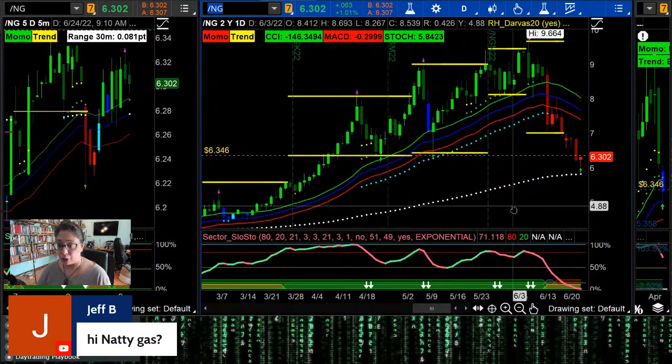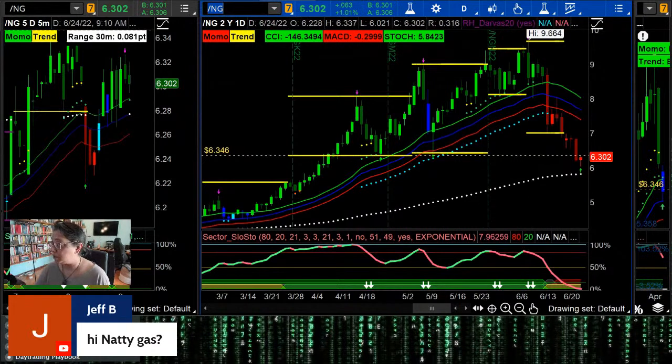There's a nice zone that we could start to look at. And then what I would like to do, and where's my drawing tool? Here we go. What I would like to do then is ask myself, at what point do one of these levels, whether it's the support of the 200, the support of the Darvis, jive with the oversold slow stochastic?